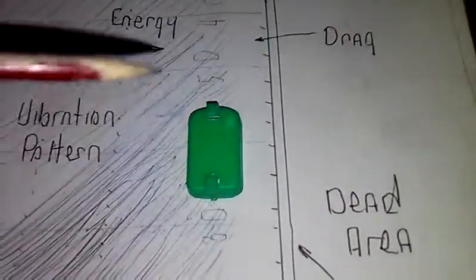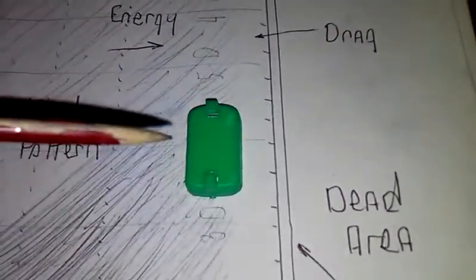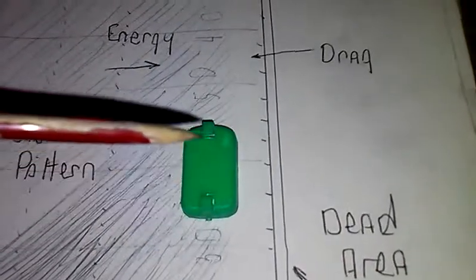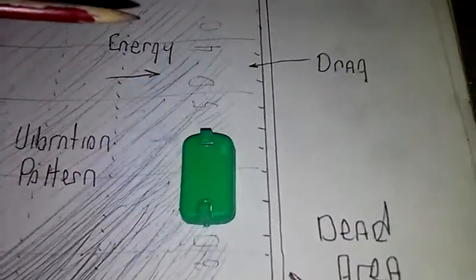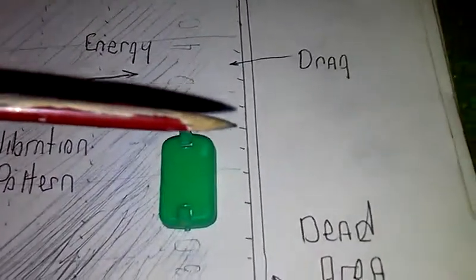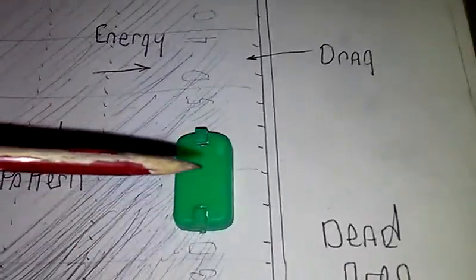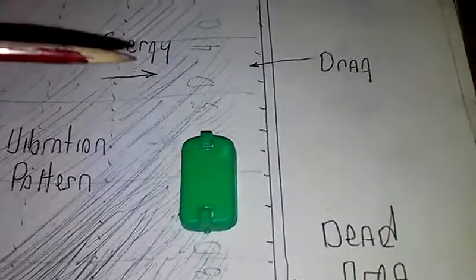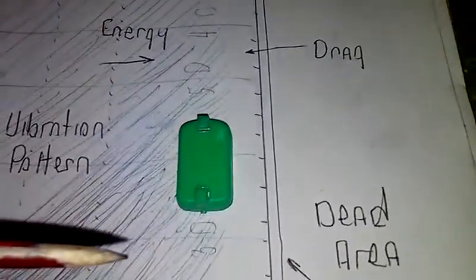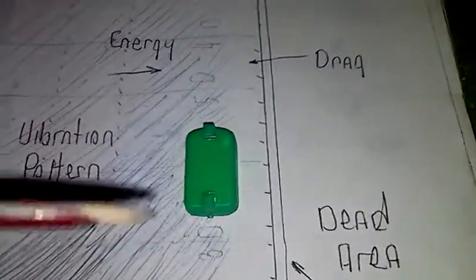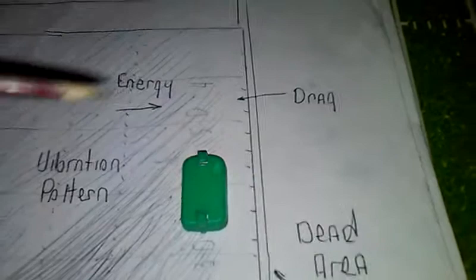And what this does is cancel out the direction of the prongs as the drag area equalizes the pull of the energy and the direction of the prongs to take the base to the center of the field. This is what causes the base to run straight.